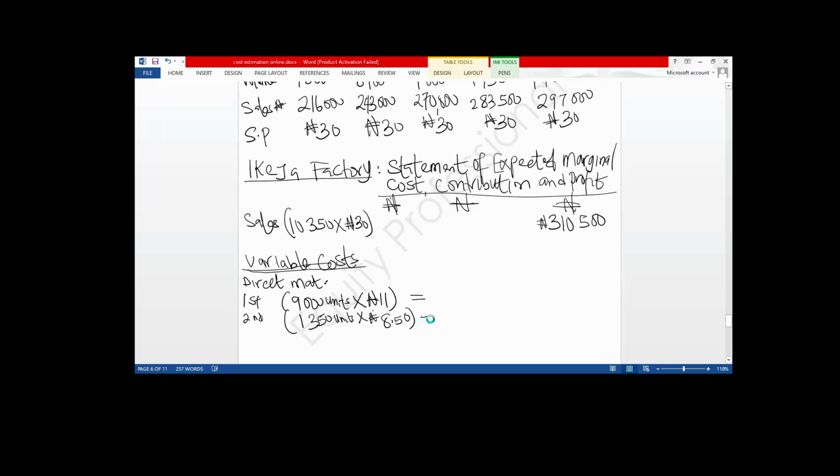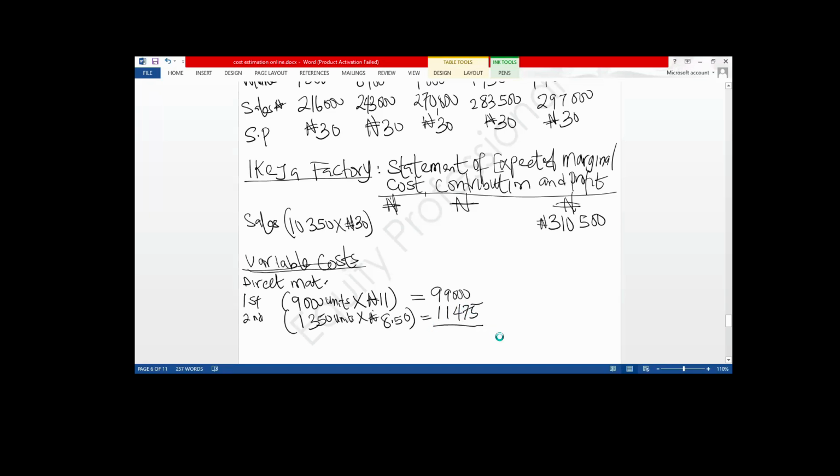99,000 here. How much here? 11,475. Total material cost.